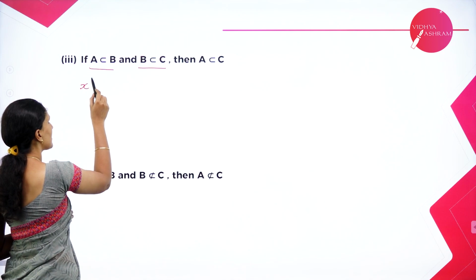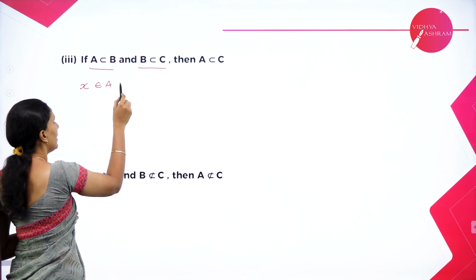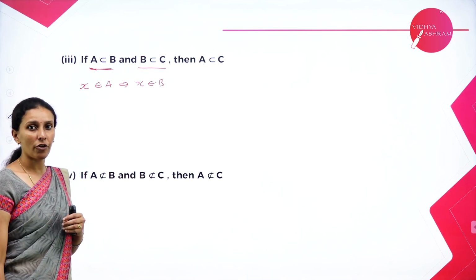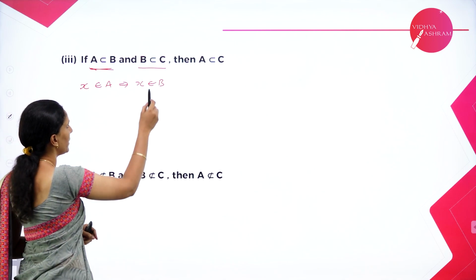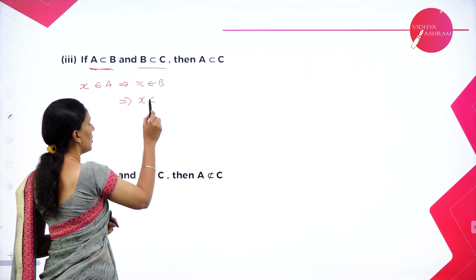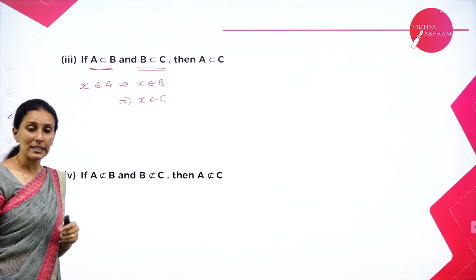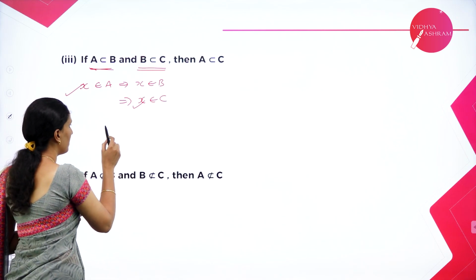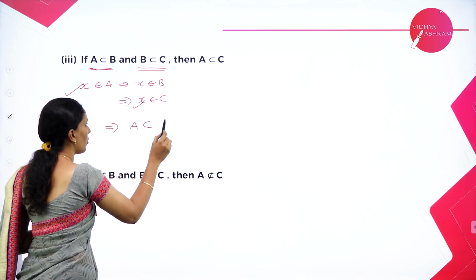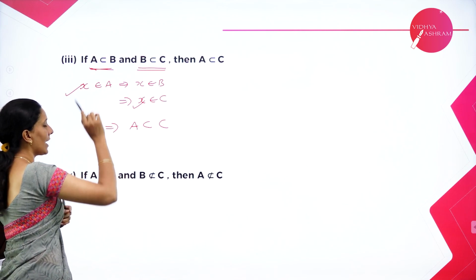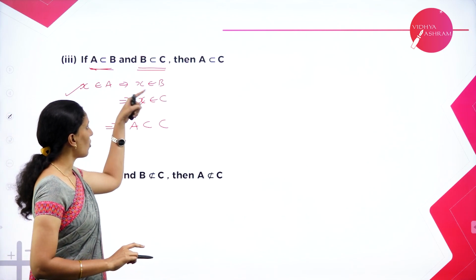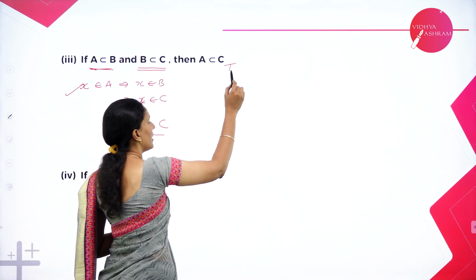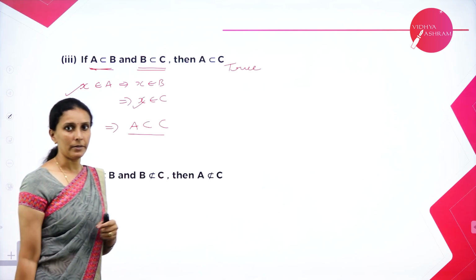Suppose any element X belongs to A, then this implies X also belongs to B because they have given A is a subset of B. Now since X belongs to B, this also implies X belongs to C because they have given B is a subset of C. Now we have X belongs to A and X belongs to C. So that implies A is a subset of C. That means if any element is contained inside the set A, then that element is also inside set C. Therefore, A is a subset of C. So therefore, the given statement is a true statement.